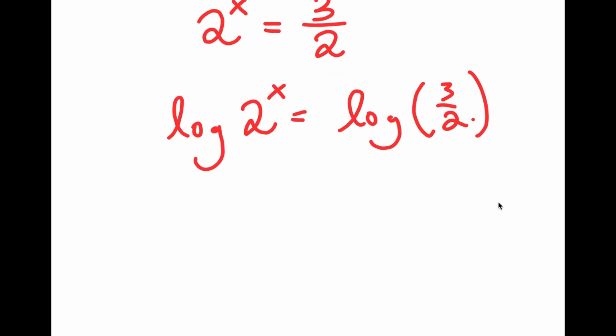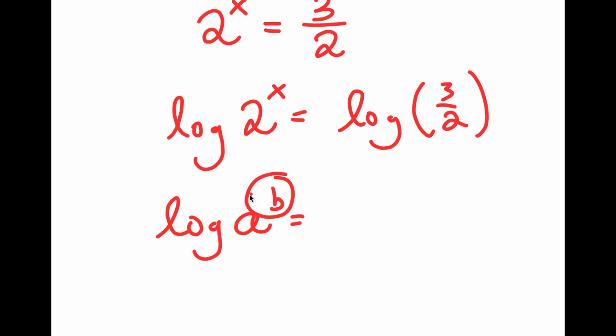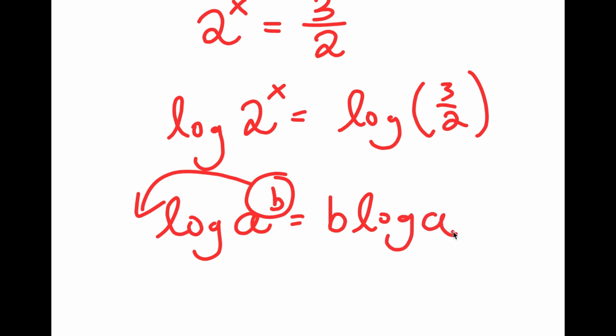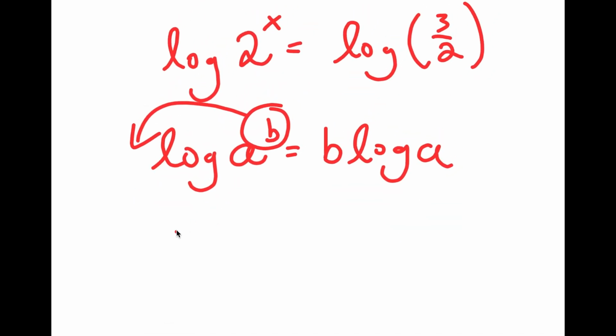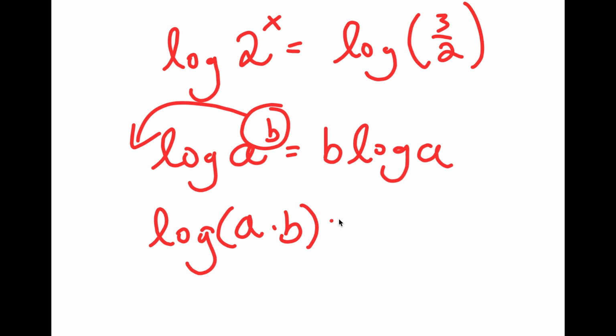And there are a couple important properties of logarithms that you guys need to know. So first off, if I have something in the form log a to the power of b, I can move this exponent b to the front. So this is going to equal b times log a. Now, if I have something in the form log a times b, this is equal to log a plus log b.